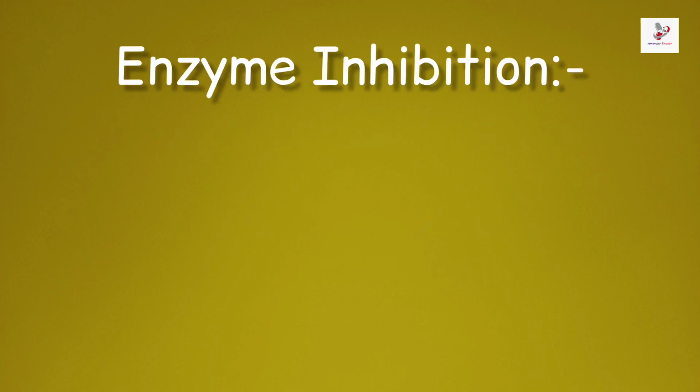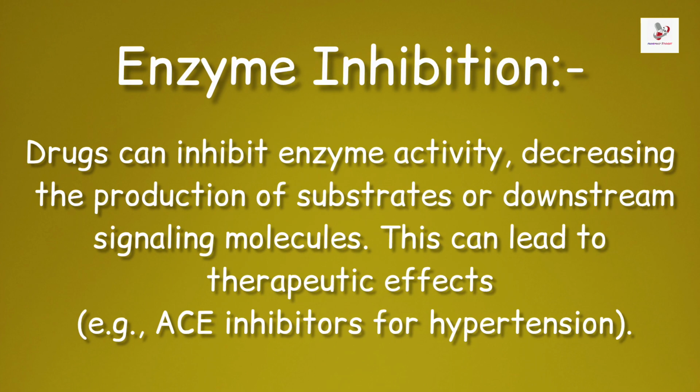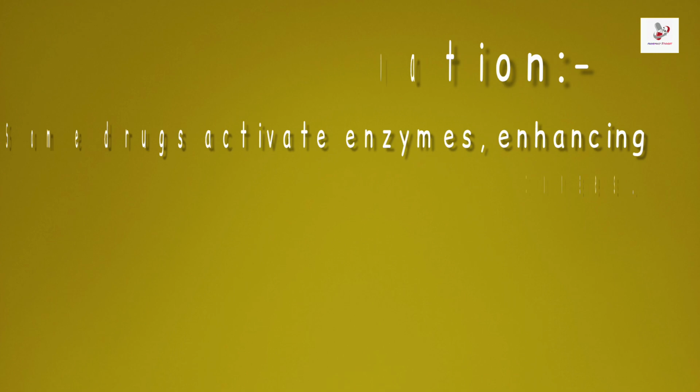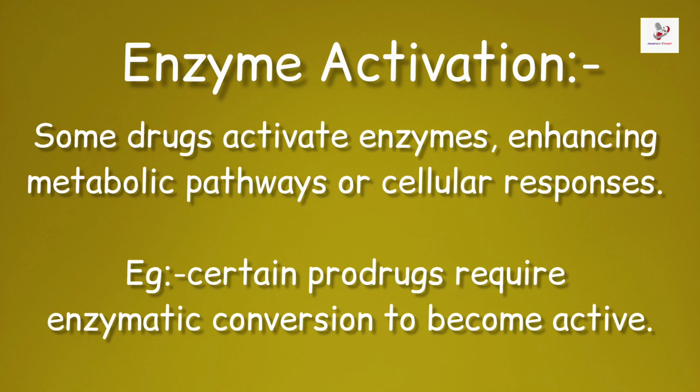In enzyme inhibition, a drug can inhibit enzyme activity by decreasing the production of substrate or signaling molecule, and this can lead to a therapeutic effect. Example, ACE inhibitors for hypertension. And in enzyme activation, some drugs can activate the enzyme by enhancing the metabolic pathway or cellular response. For example, certain prodrugs require enzymatic conversion to become active.